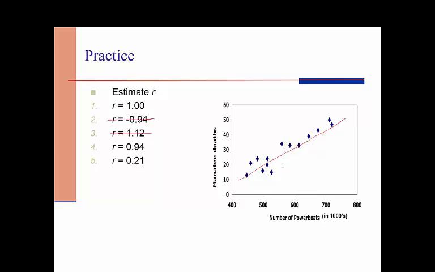If it was very close to the line, then you know R would be 1, but it's not exactly on the line, right? So R is not 1, so it's between these two. Now you know that 0.21 is fairly low, so the dots would be much farther apart than this case. In this case, you have the dots relatively close to the line, so it's 0.94.